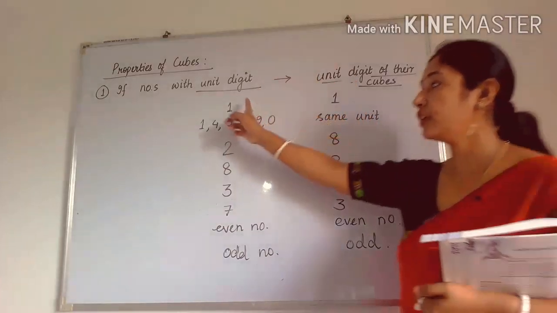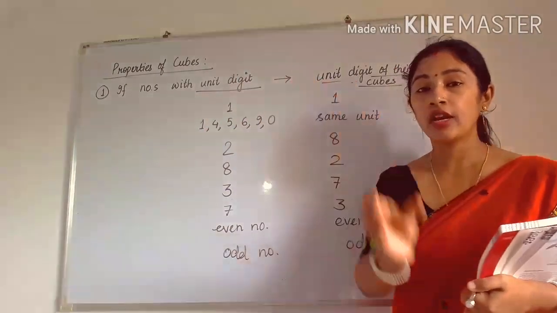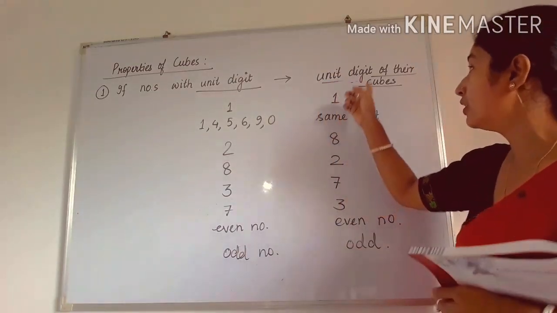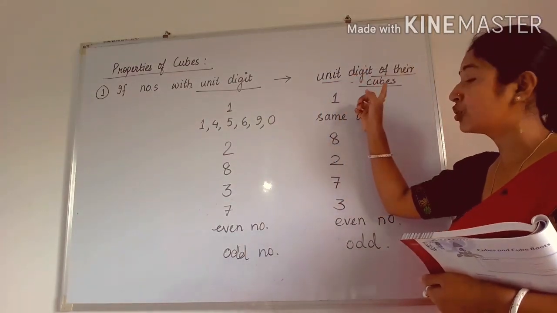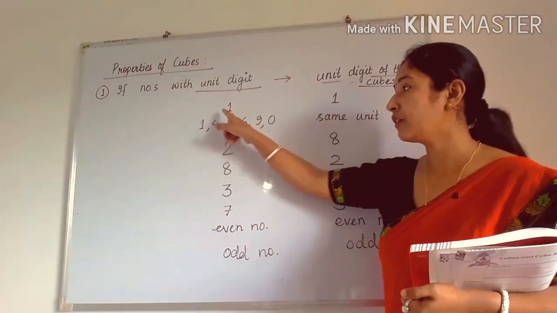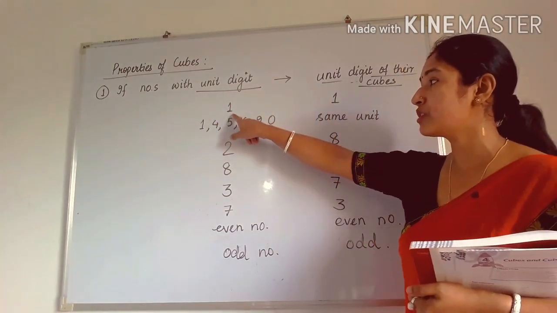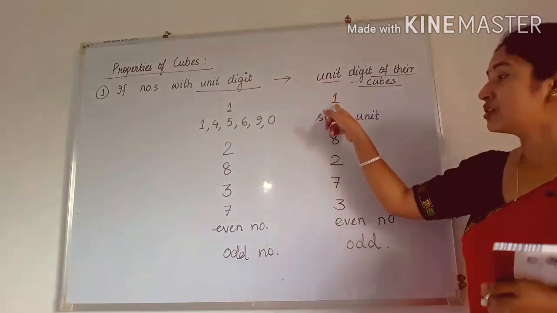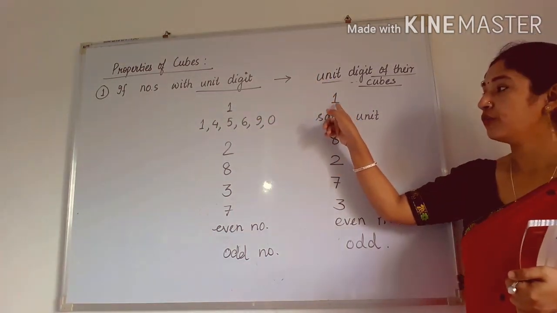Here I have written the unit digit in the given number, and here I have written the unit digit of the cubic number. So if the unit digit of the given number is 1, then the unit digit of the cube number will be 1.